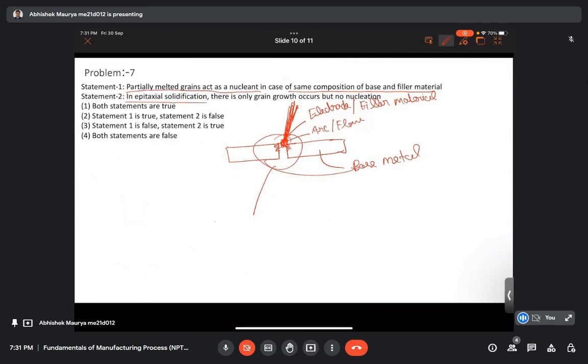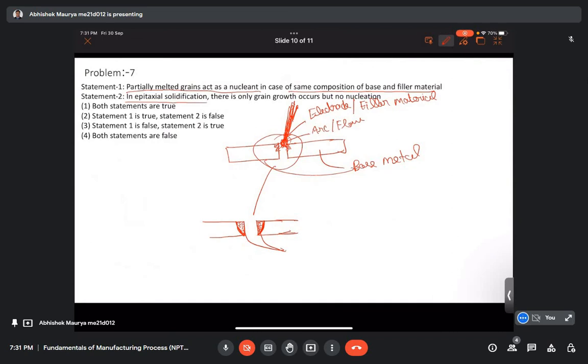So what will be happening near here? Here we have base materials, and because of heat, in the close regions of this heating region, the base metal material grains get partially melted basically.